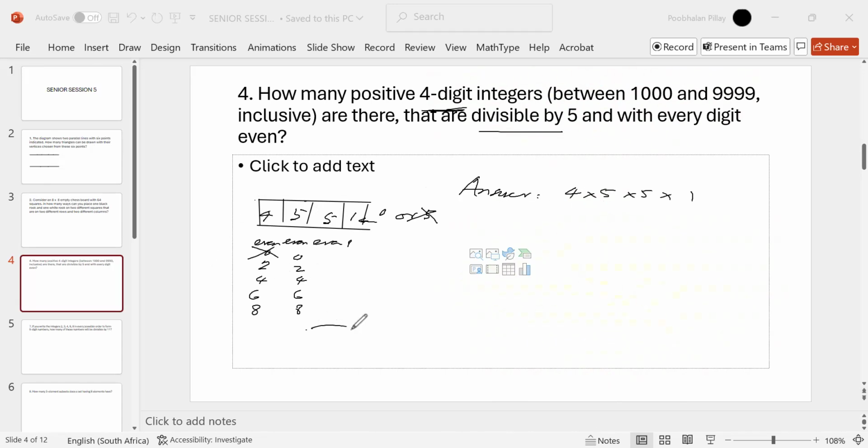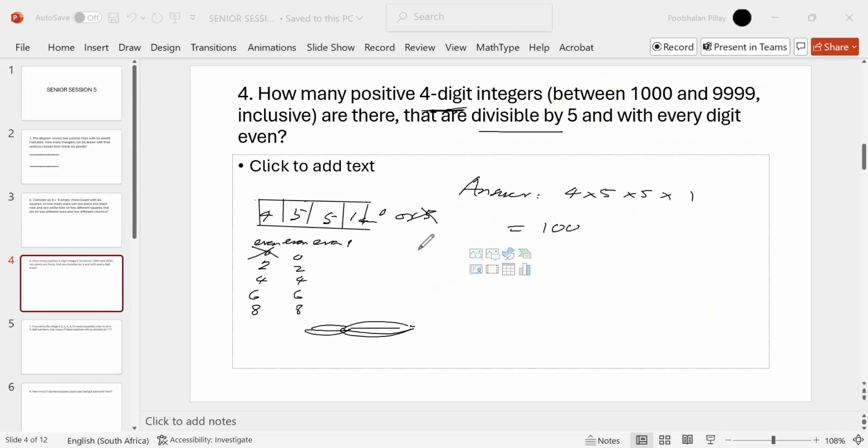If you remember, I had the example of roads going to some destination. Okay, so the answer is 100, because 4 times 5 is 20, and 20 times 5 is 100. Okay, so that is the number of 4-digit integers that you can create.